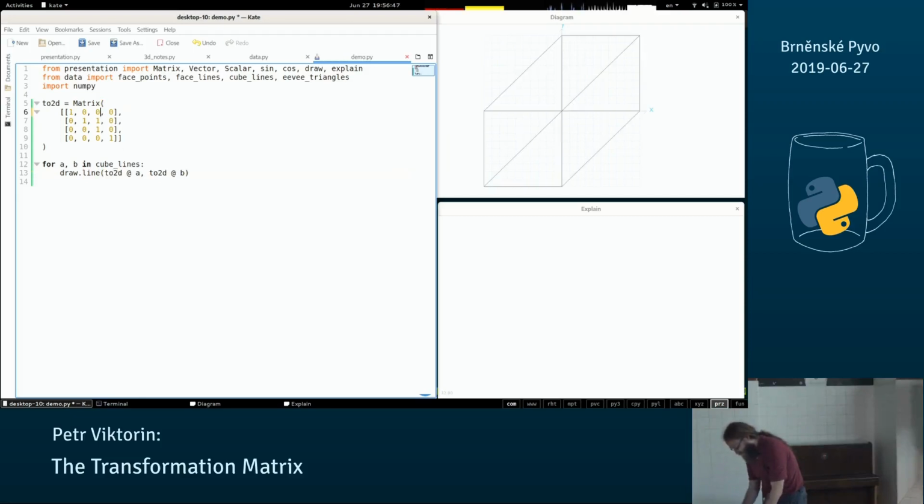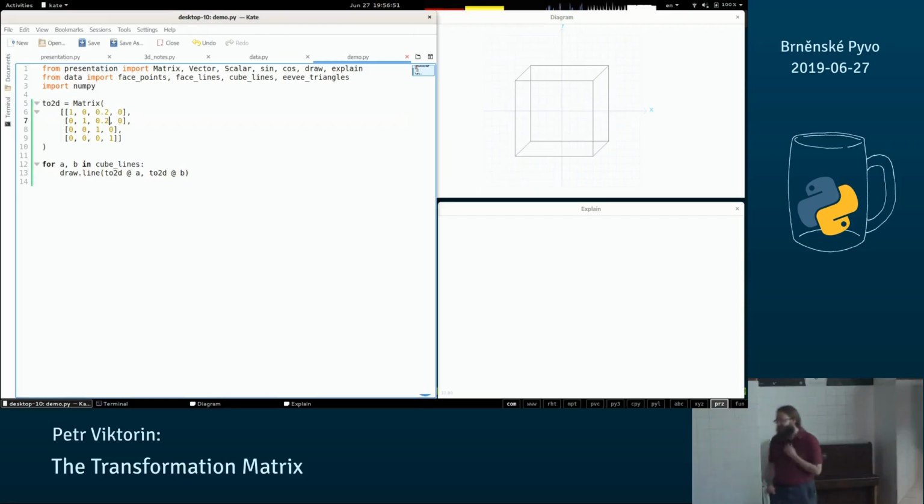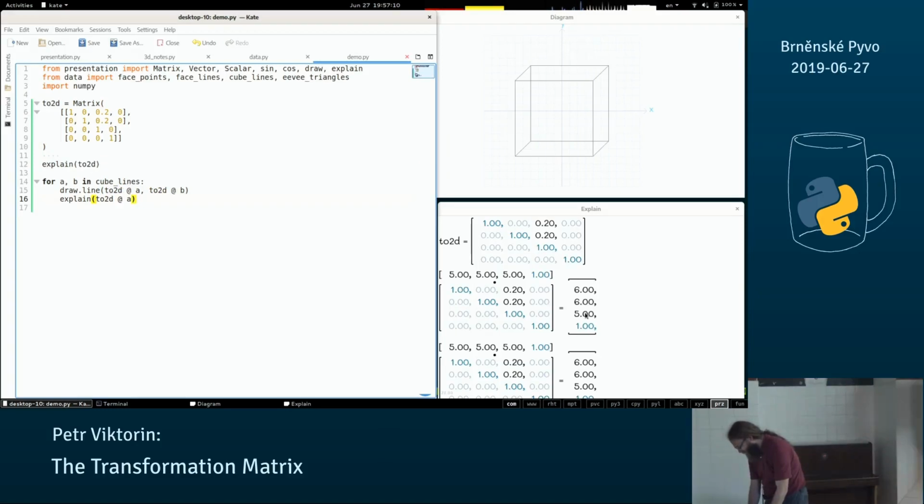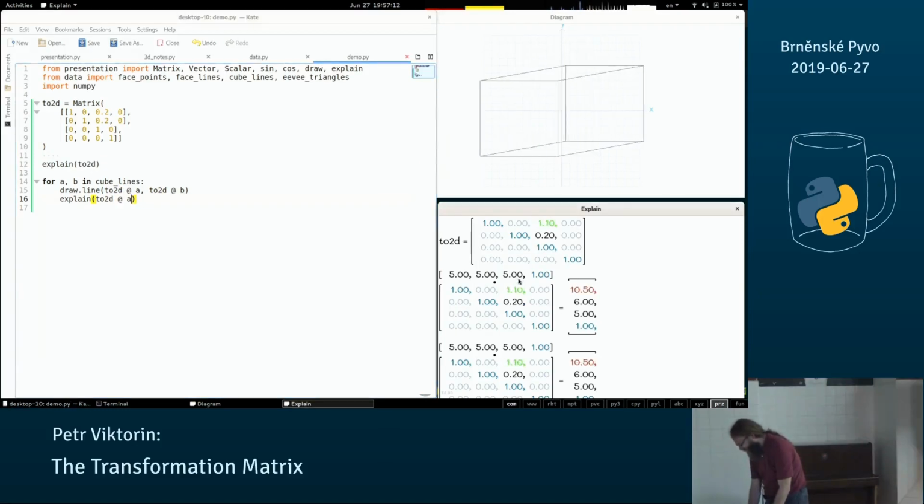It should be half. Isometric. So I take the z coordinate and make it visible by adding a bit of it to the x, a bit of it to the y. Let me explain 2D times A.